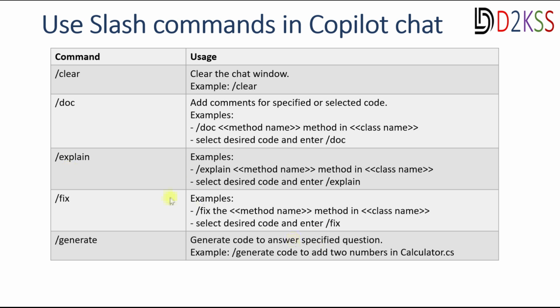And there is one more command called /fix. For example, when you are writing the code, you have faced some issue. You don't know how to fix that particular issue you are facing in the code.